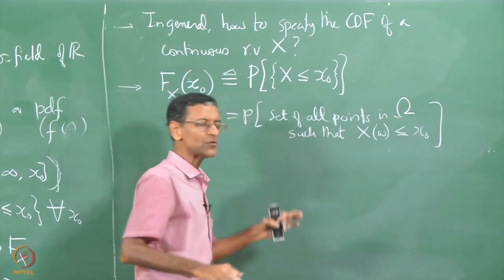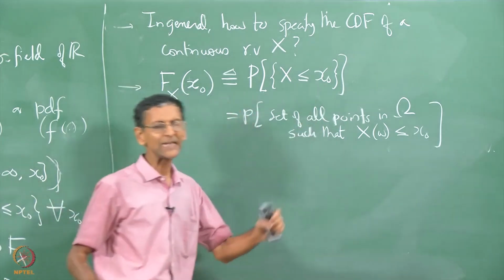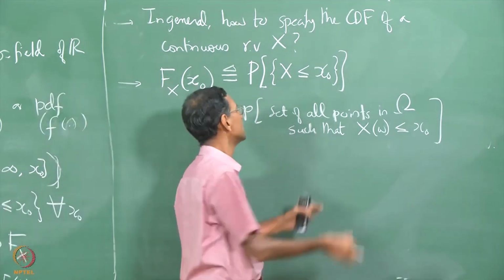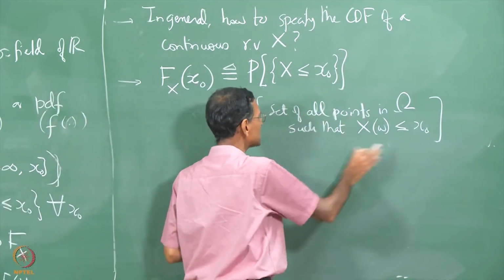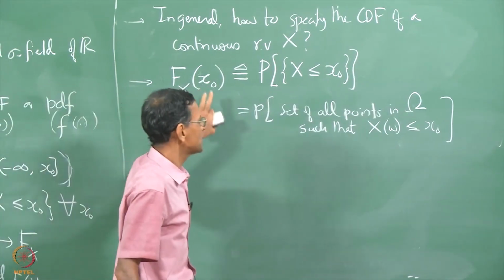But anyway, we have to take one thing at a time. So, we will make the definition and then apply it as we go along. That is the only thing we can really do. We will keep this as an operational definition of the CDF.